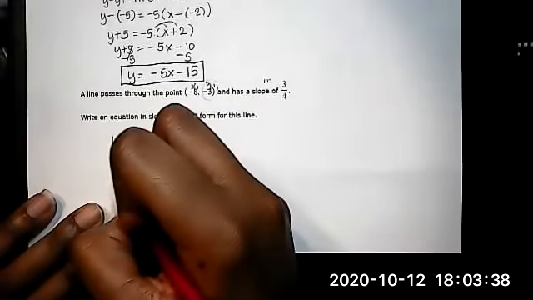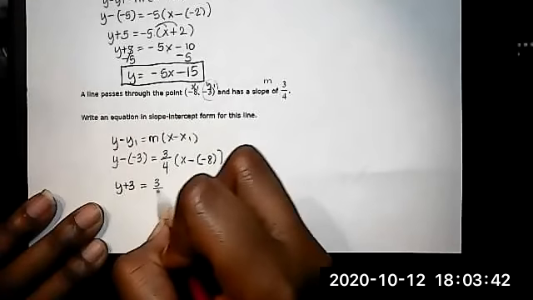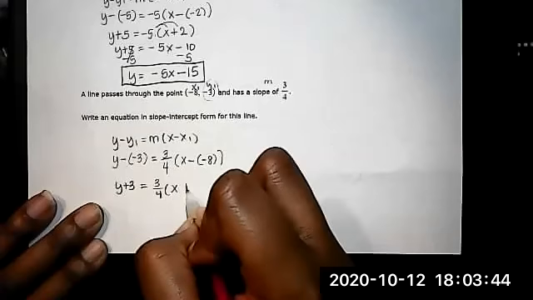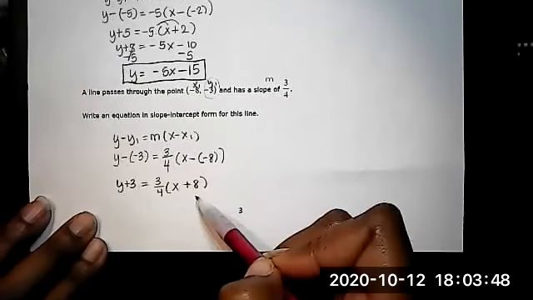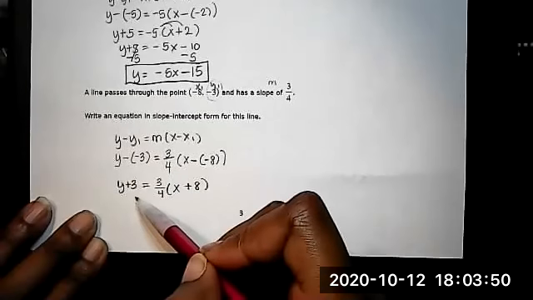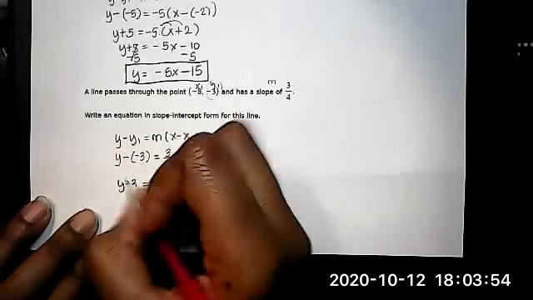So now you know this becomes y plus 3, and this becomes 3/4 times x plus 8, okay? I changed that because two negatives become positive. Two negatives become positive. So now we distribute here.